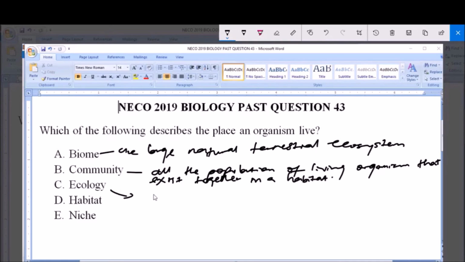Ecology. Ecology is the study of the relationship between organisms and their environment.